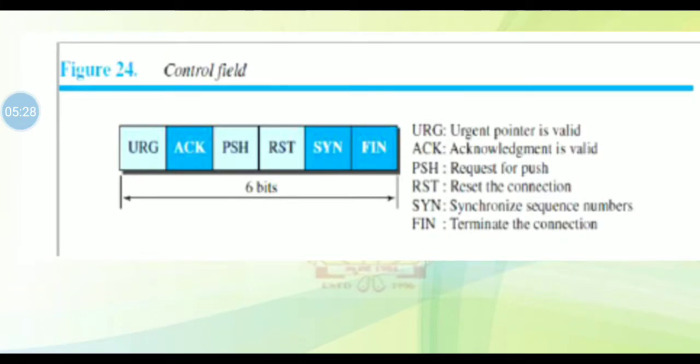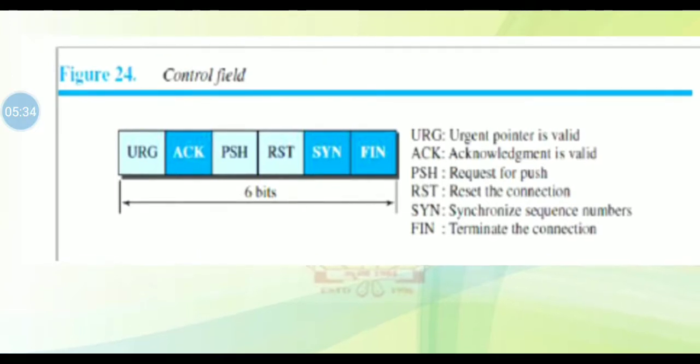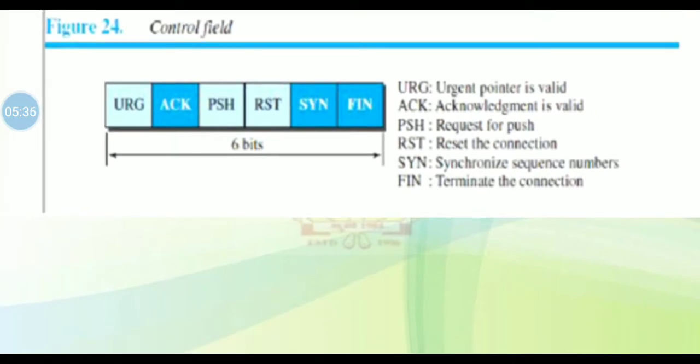ACK means the acknowledgement is valid. PSH is a request for push. RST resets the connection. SYN synchronizes sequence numbers. FIN terminates the connection. So this is the control field.